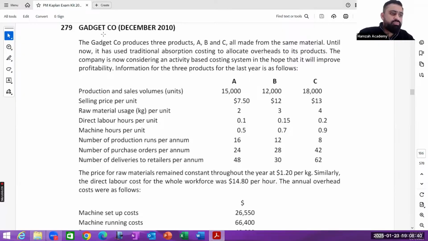Until now, it has used traditional absorption costing to allocate overhead to its products. The company is now considering an activity-based costing system in the hope that it will improve profitability. Information for these three products for the last year is as follows.